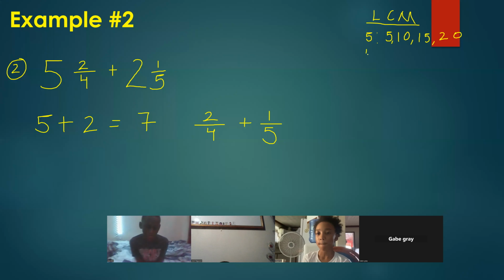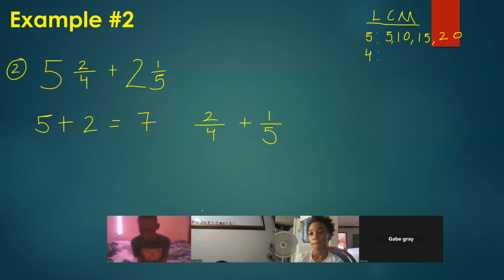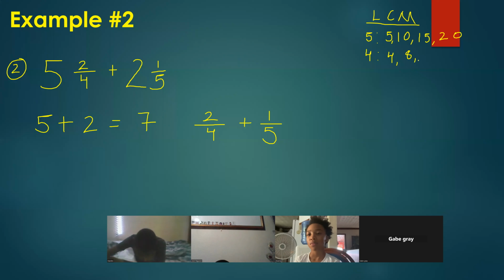Javon, what are the multiples of 4? The LCM of 4, right? Multiples of 4, yes. Okay, the multiples of 4 are 4, 8, 12, 16, 20. Okay, good.